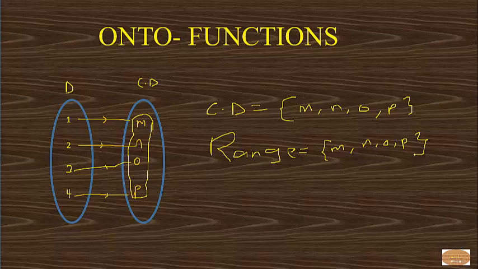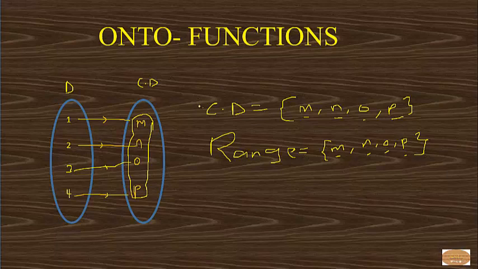Now let's have a quick look at the codomain, then the range. Now we have M here, N here, O here, O here, P here, P here. Now if it happens this way, it means the function is an onto function.